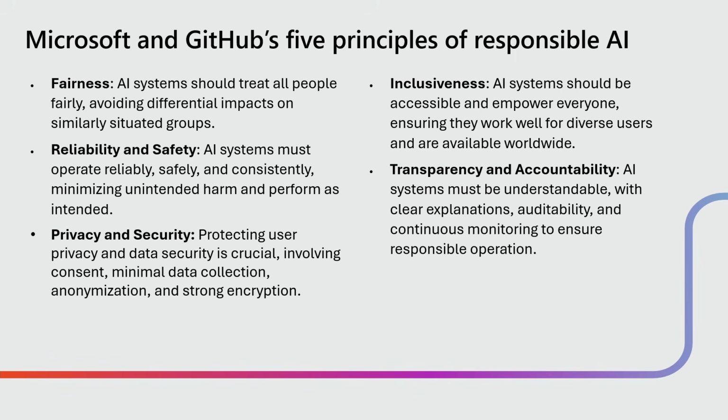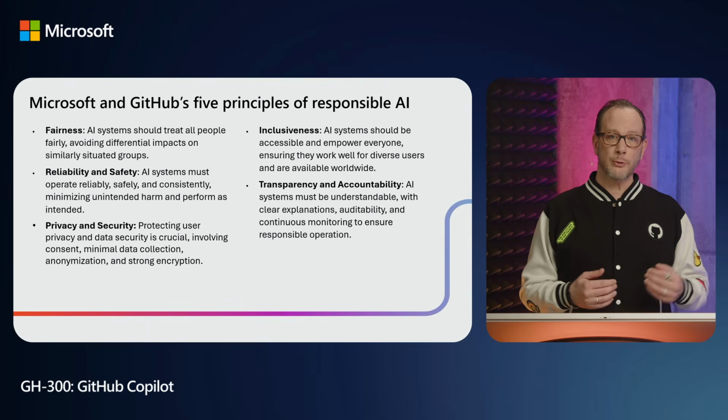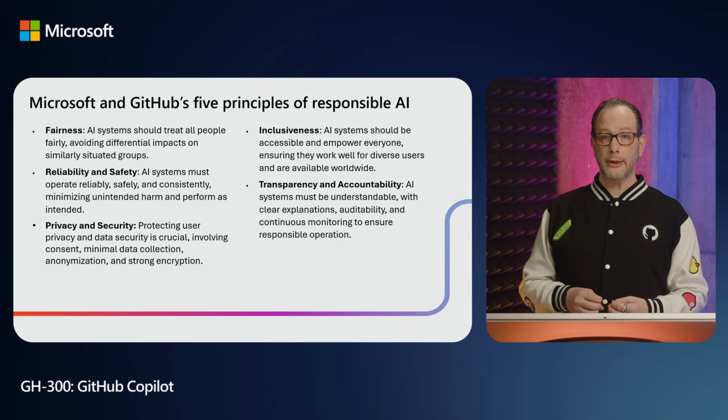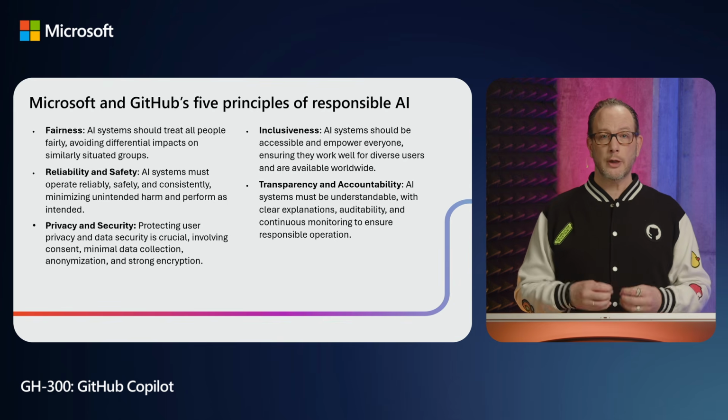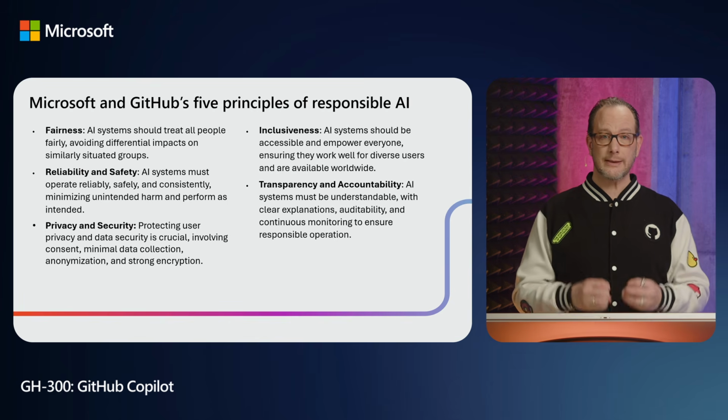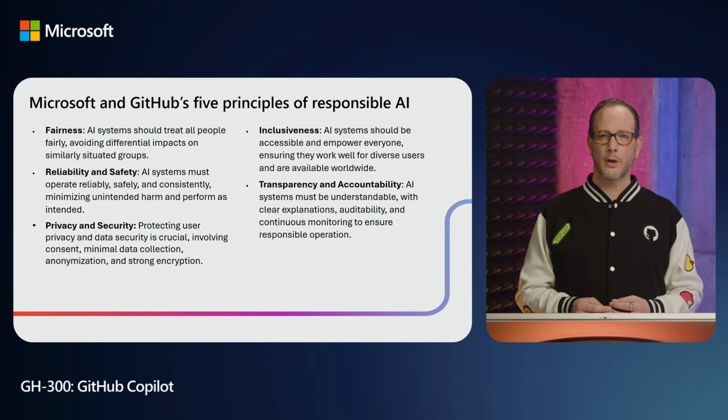There's fairness, reliability and safety, together with privacy and security, inclusiveness, and transparency and accountability. These principles guide how GitHub Copilot is designed, trained, and deployed, all this to ensure that AI systems behave consistently and responsibly.